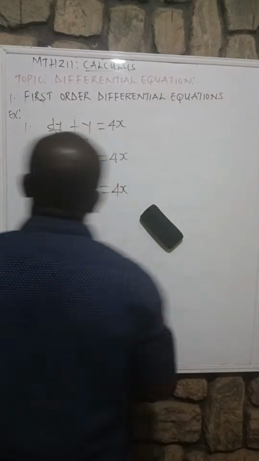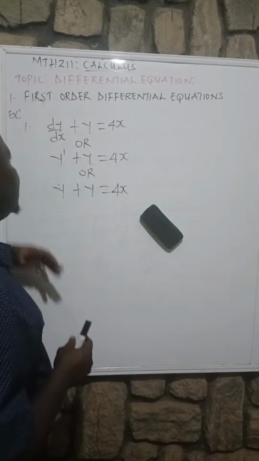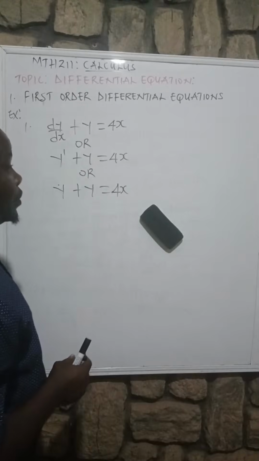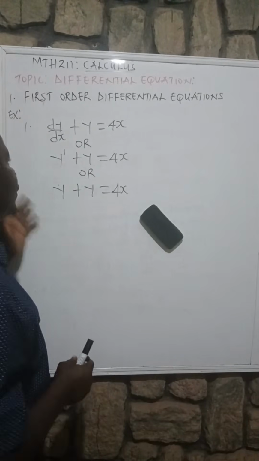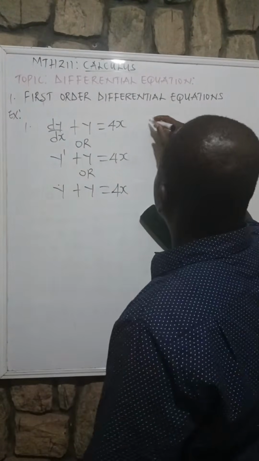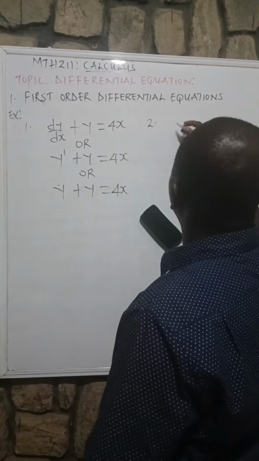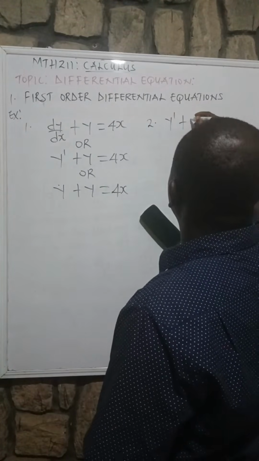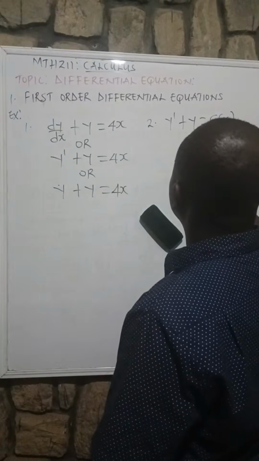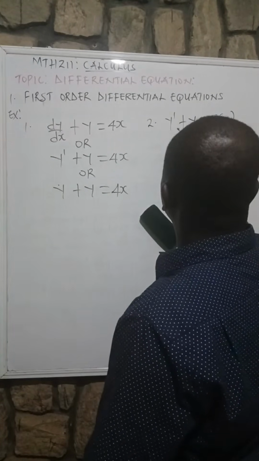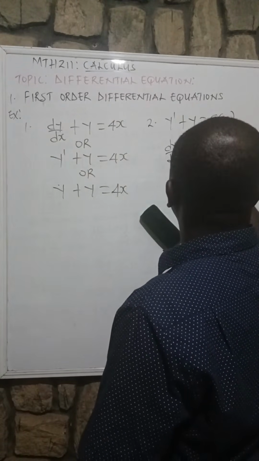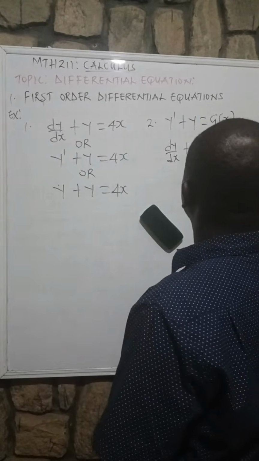So, whenever you are asked to give an example of a first order differential equation, sometimes you may be asked to write down a first order differential equation, you can write it in this form. Sometimes too, you can have y prime plus y equals g of x. Then it means this is the same thing as dy all over dx plus y equals g of x, right?